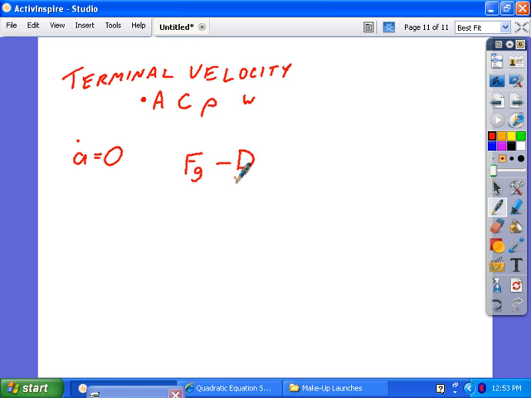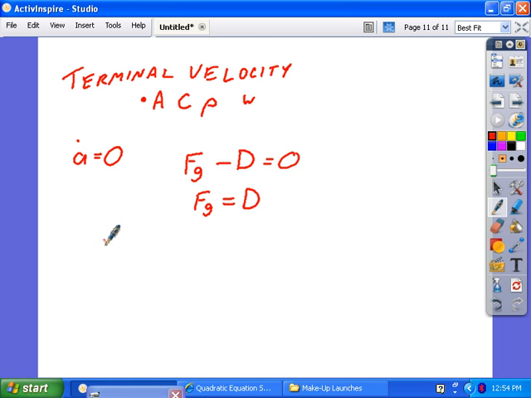So the force due to gravity minus the drag has to equal 0. So when we reach terminal velocity, that means that the weight of the object has to equal the drag force. If you do that, you can determine exactly what the speed limit is, what the terminal velocity is for any object falling through any media.